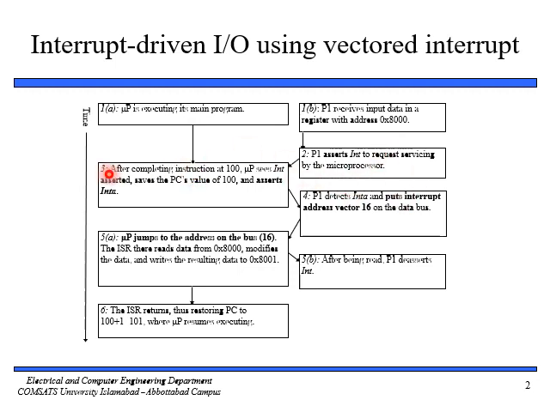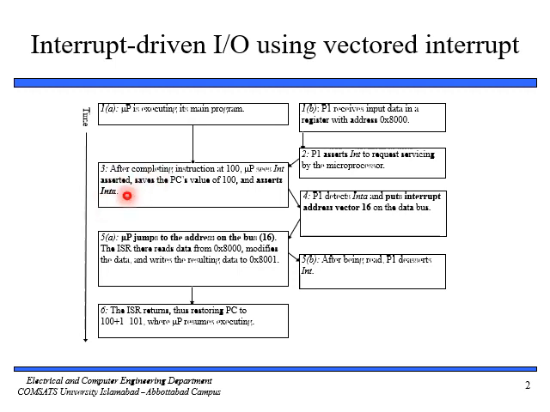So what happens in the third cycle? After completing the instruction at 100, the microprocessor sees the interrupt asserted, saves the PC value of 100 and asserts int A. So now there is an addition: whenever P1 asserts int, that is interrupt, at the third cycle, after seeing the interrupt, the microprocessor responds by asserting interrupt acknowledged.